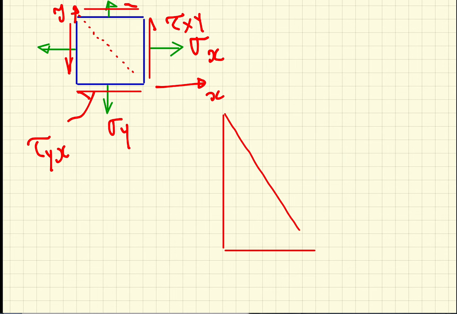So the triangle now will have a force system on this face. The force system on this face, we're going to call it tractions. So it will be a traction in the x direction and a traction in the y direction.